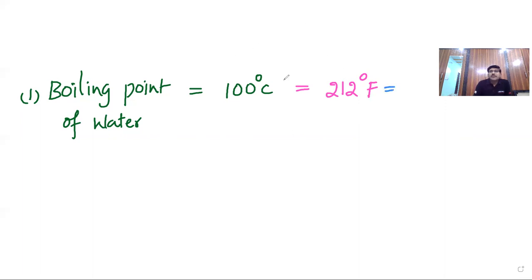Suppose if I want to convert to the Kelvin scale, how much? Add 273.15 to this. That means 373.15 Kelvin. So here I am highlighting degree Celsius, Fahrenheit, and this is Kelvin.